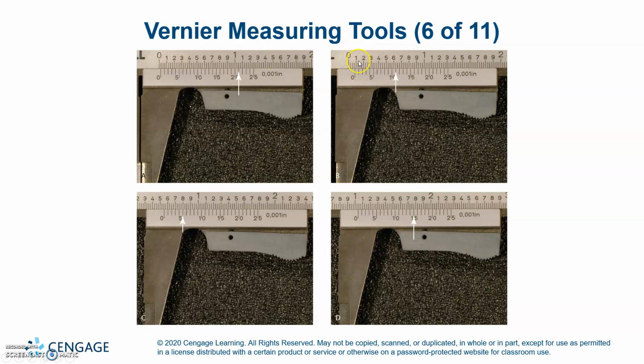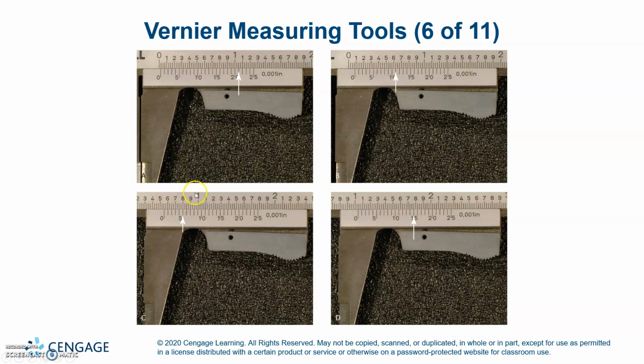So right now you got 0.0 because it's before this first one, 0.075. But you add this 11 that's lined up here. So 75 plus 11 is 86. So for B, the answer would be 0.086.